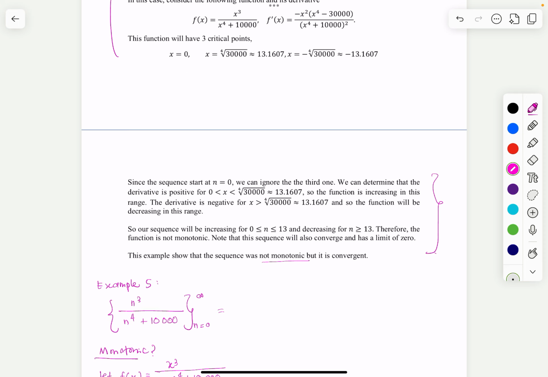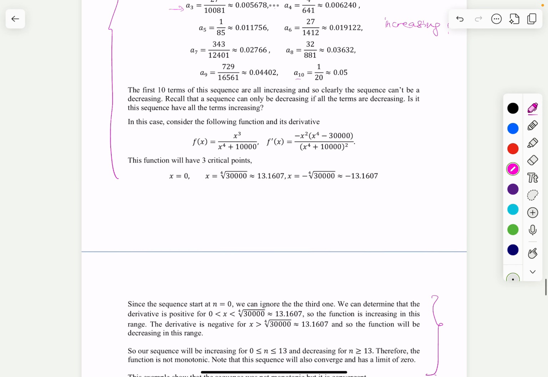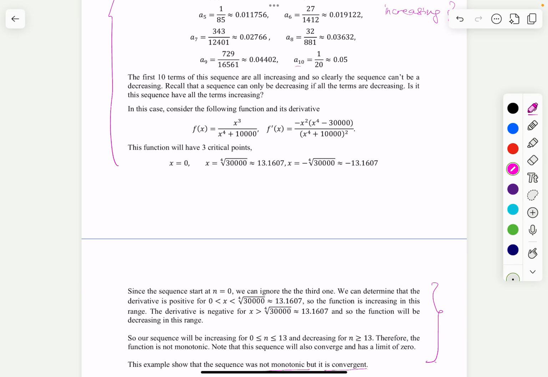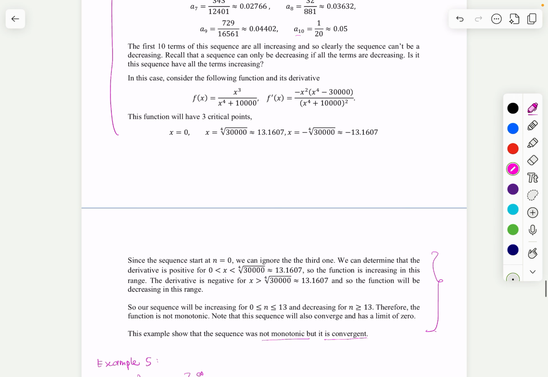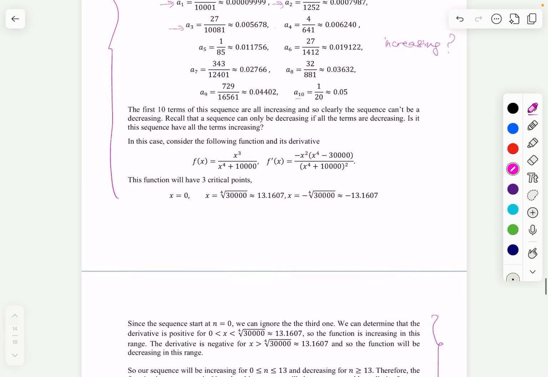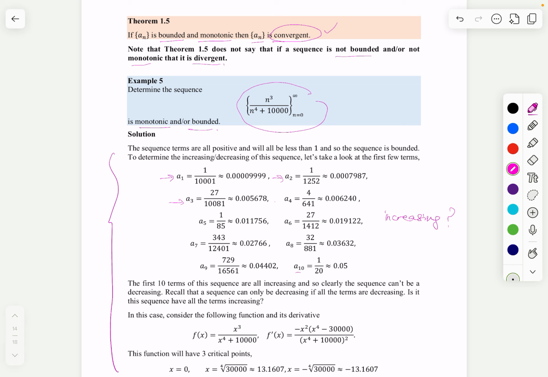Not monotonic, but it is convergent. And where does it sit? It is not bounded. Okay, it doesn't mention here, but we have proven that it is bounded.